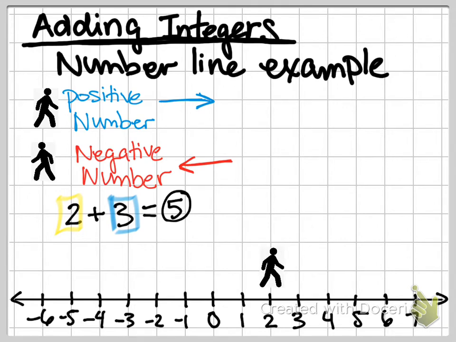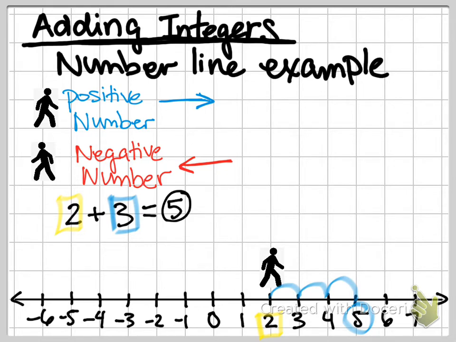So he's starting at 2, and they're going to move 3 spaces. They're walking forward 3 spaces. So I'm going to mark that. They're starting at 2, and they're going 3 spaces forward, and they end up at 5. Okay, so that's our simple example.